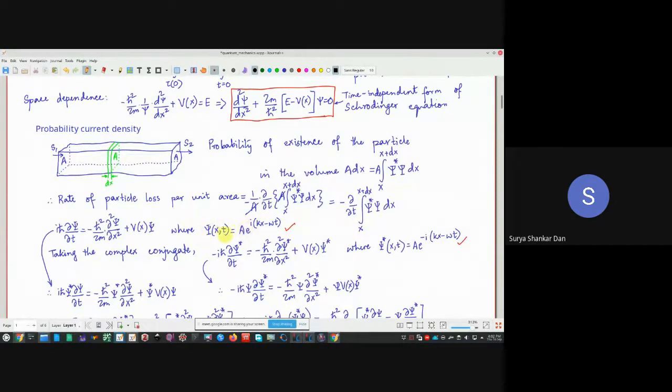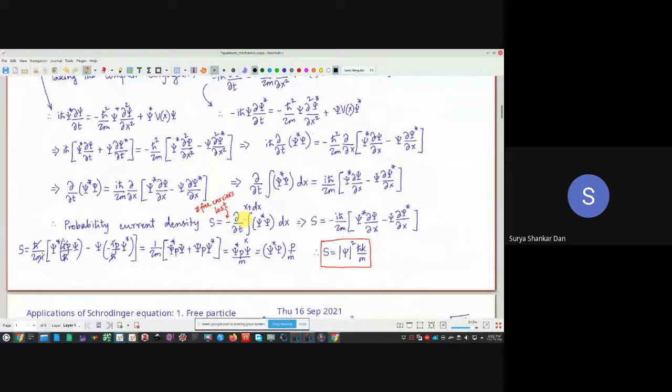So the amplitude of psi is A. So mod of psi square is simply A square. So you will essentially have mod of psi square is basically A square, although I will erase it because this is just for your understanding purpose. So this is A square h cross k by m. So understand that this A square part is nothing other than the probability that the carriers will be available.